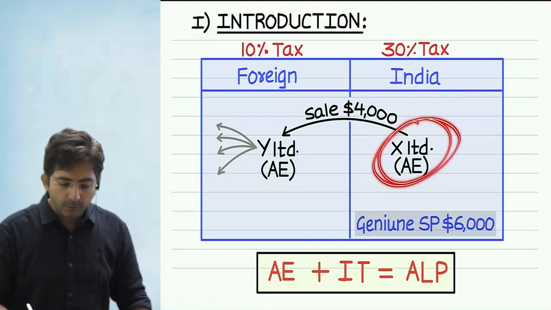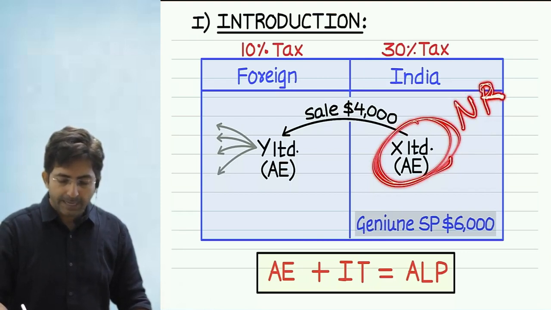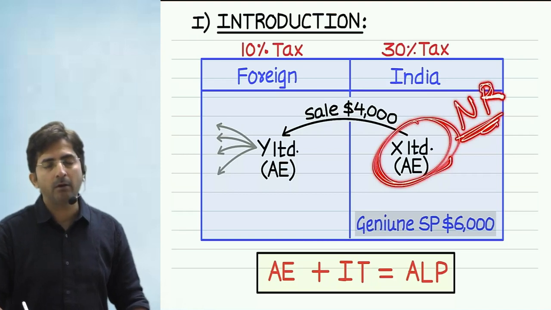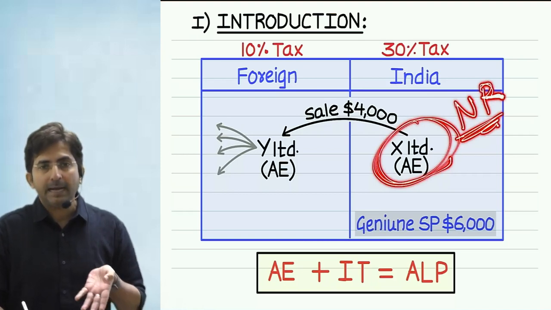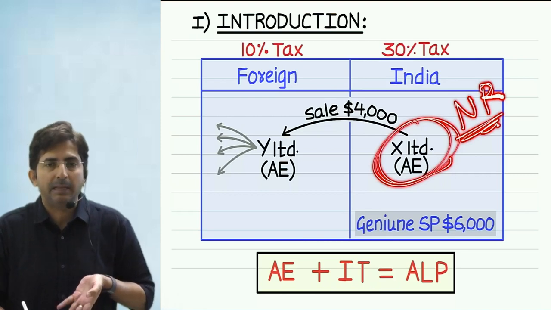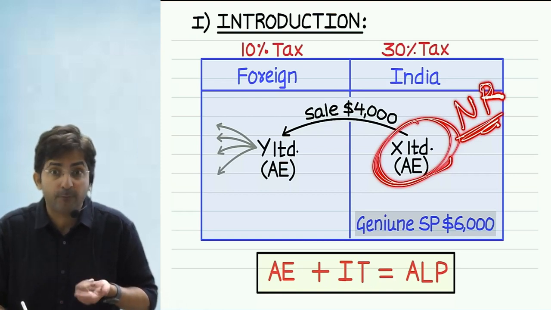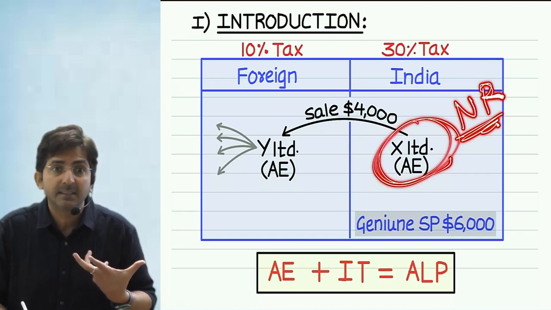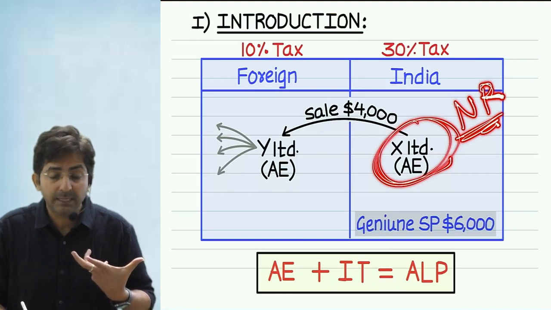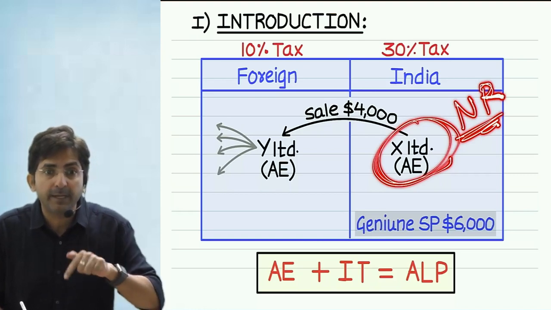That one of the non-residents, say in my example, X Limited, should have a place of business in India. Because only if it has a place of business in India, it will be liable to pay tax in India. And if it is liable to pay tax in India, it can affect Indian government sentiments. And there is a threat of base erosion, profit shifting from India to foreign.